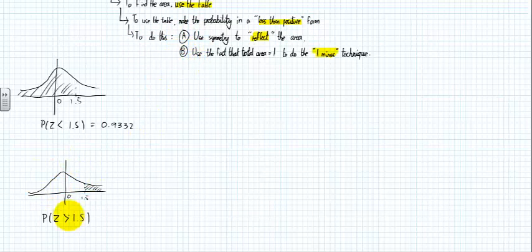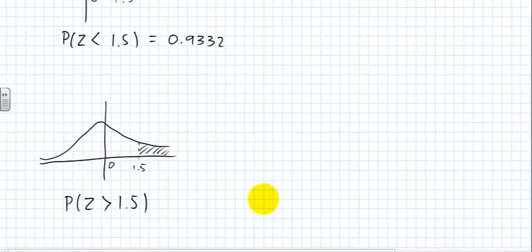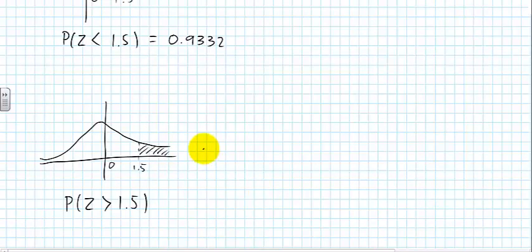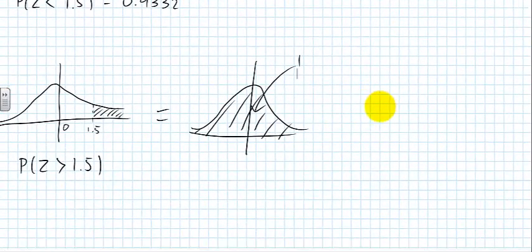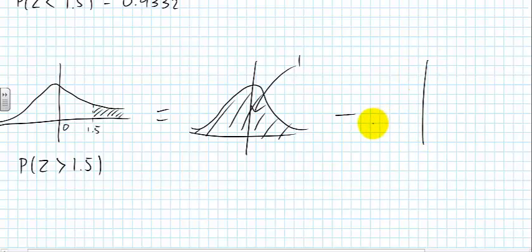In this case, we're going to use the 1 minus technique. Now, because the total area is equal to 1, if I take away the probability of the area less than 1.5, then I will get exactly the answer I need.